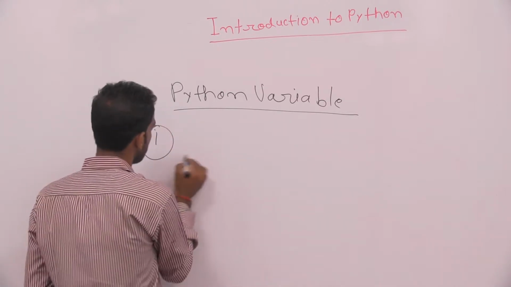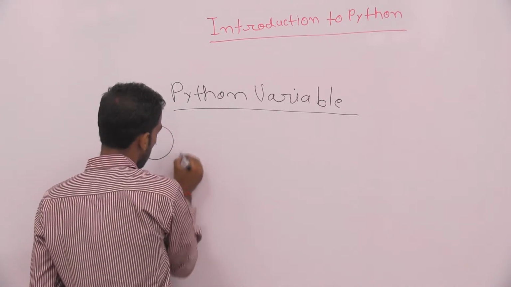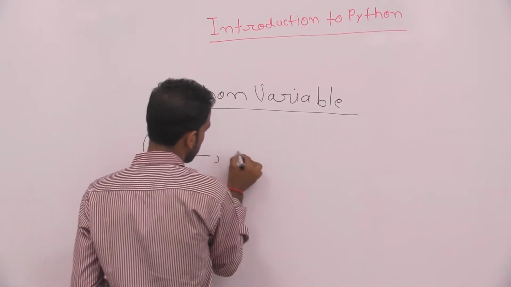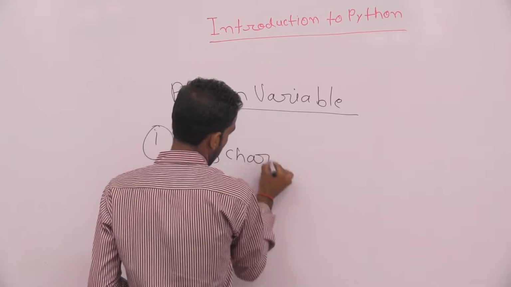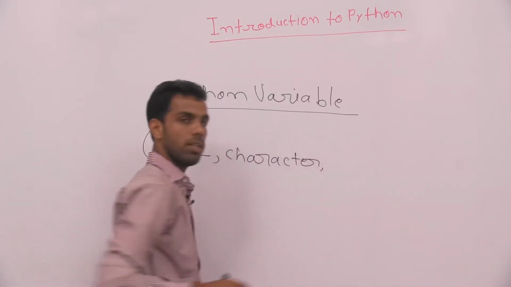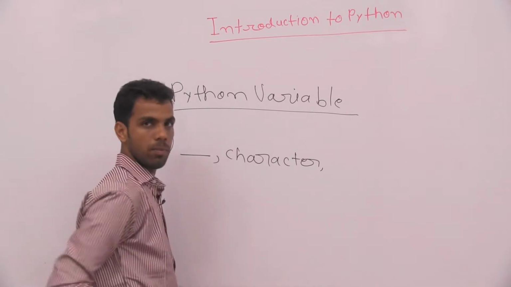The other rule is that we can use only an underscore or characters as the start of a variable name. We cannot use any special key or any numbers.